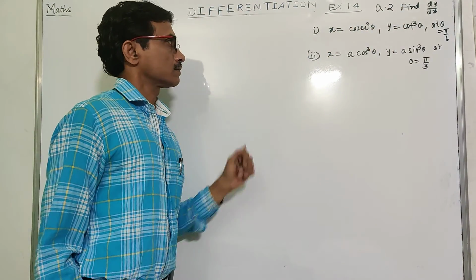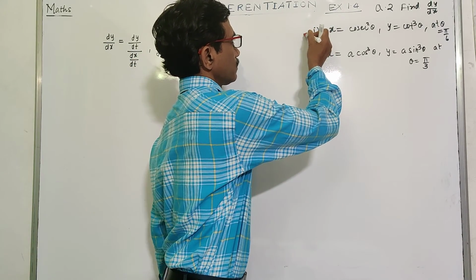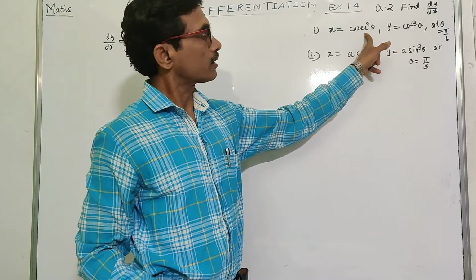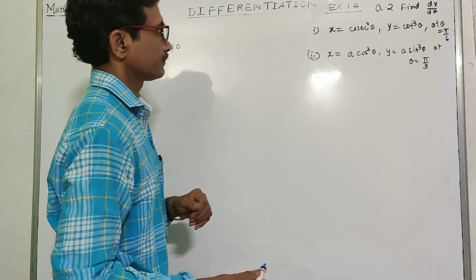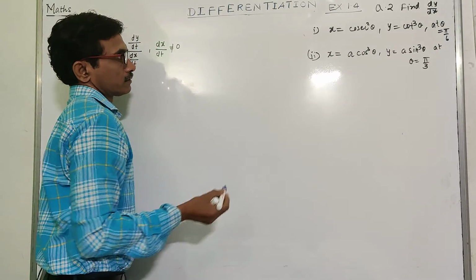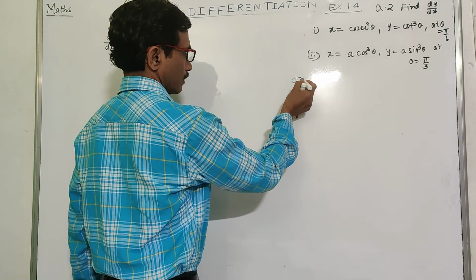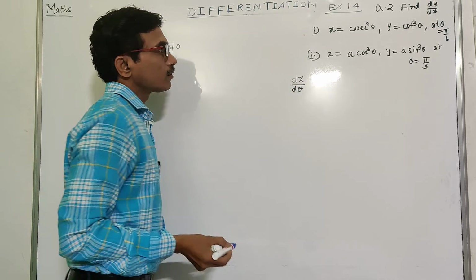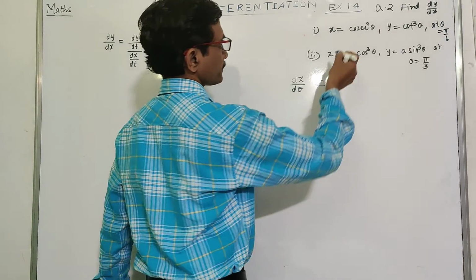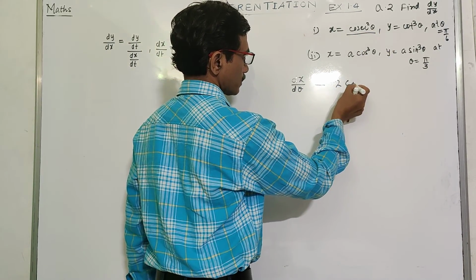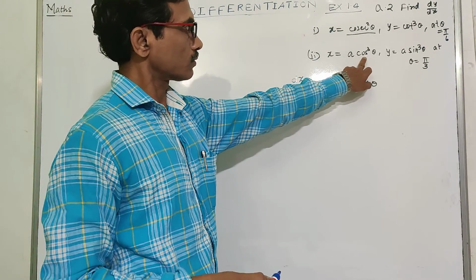Find dy by dx. The first sub question: given that x is equal to cosec cube theta and y is equal to cot cube theta, at theta is equal to pi by 6. Here we differentiate x and y with respect to theta. So dx by d theta is the derivative of cosec cube theta, which is 3 times cosec square theta into the derivative of cosec theta.